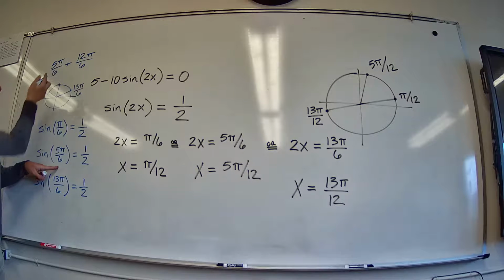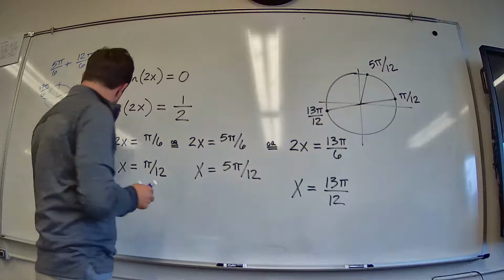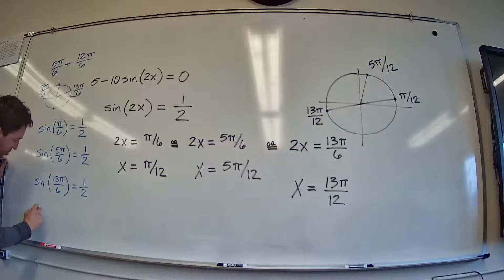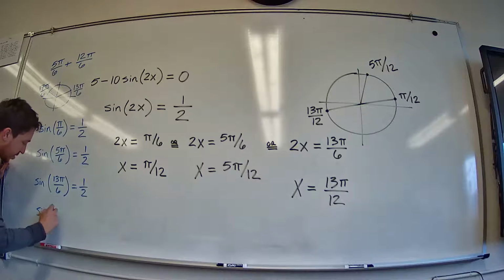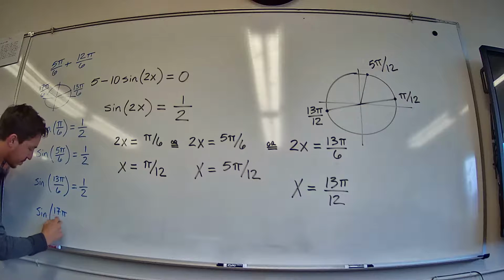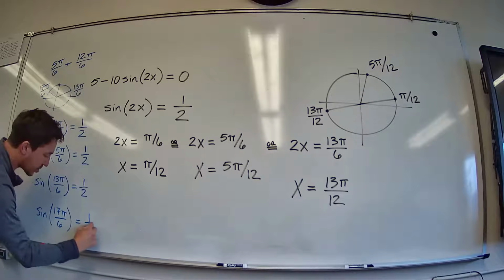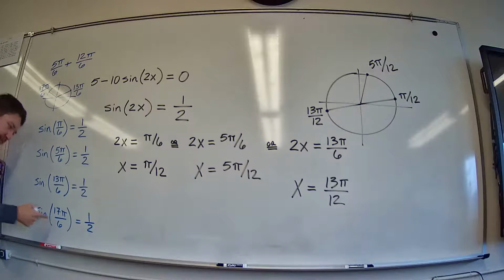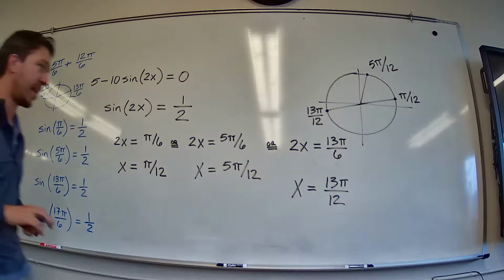Yeah? So how many sixths do I have here then? 17. 17 pi over 6. So I could have said, I'm being so thorough here, guys. You guys better leave me a good Yelp review. Of course. So it's also true that the sine of 17 pi over 6 is equal to 1/2.